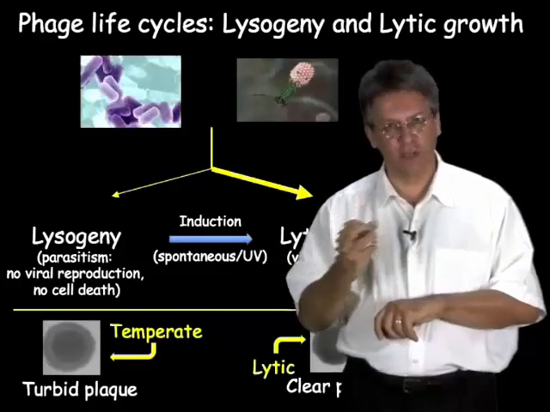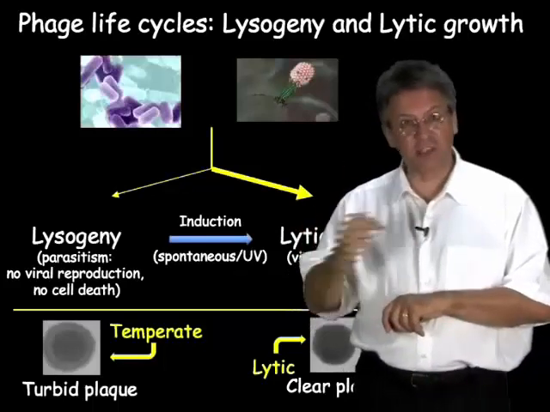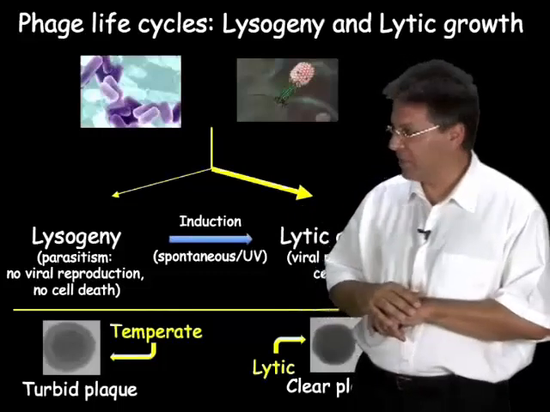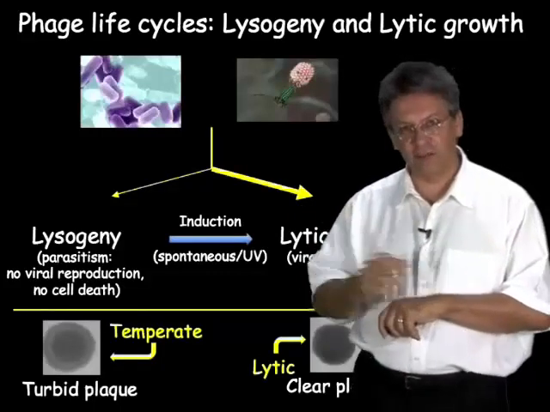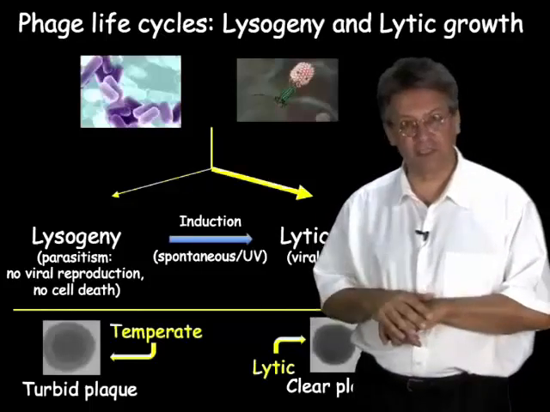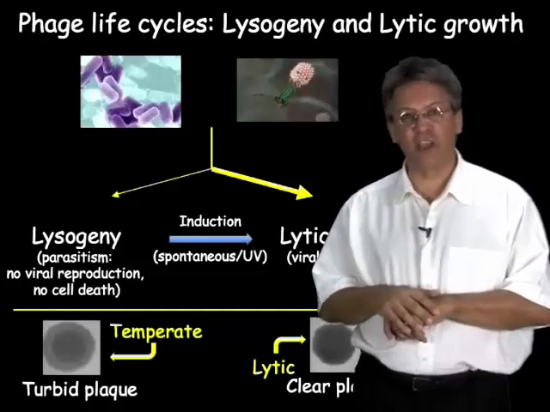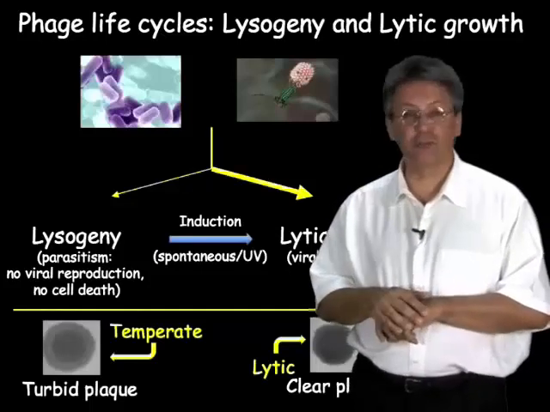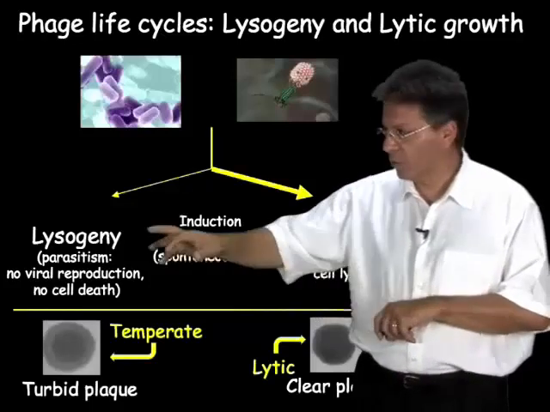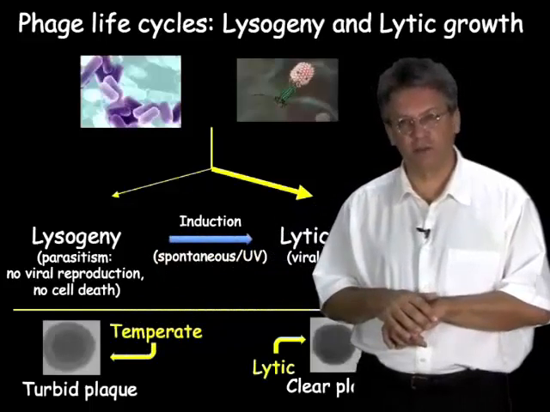They form turbid plaques. You see plaques because there's cells that are being killed through lytic growth and propagation of the virus. But there's that important and key subset of cells in which lysogeny is established, and those lysogens are able to survive and to grow, and they can grow perfectly happy even though they're bathed within this density of bacteriophage particles.